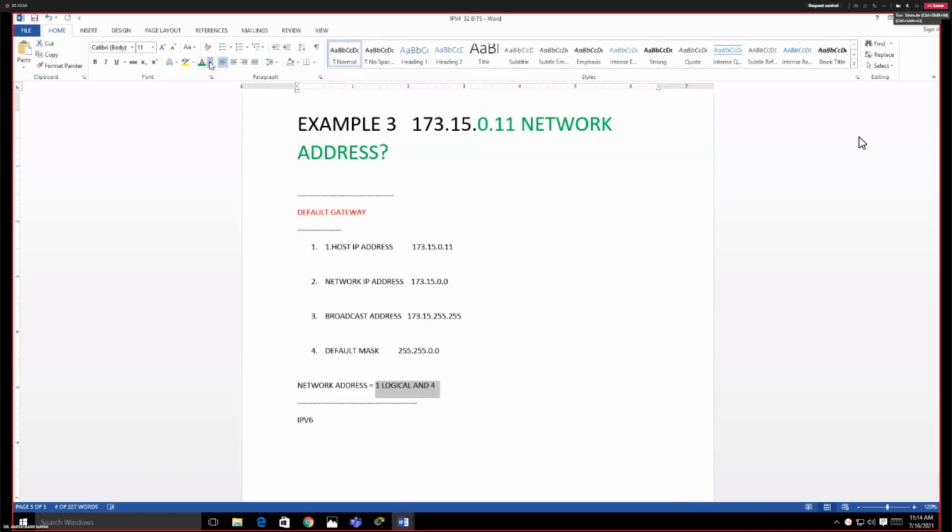Is this statement correct or incorrect? Correct. If I want to find the network address, I have to perform the logical AND operation between IP address number 1 and IP address number 4. So if 1 is logically ANDed with 4, then the result will be 173.15.0.0. Do you have any question or query up to this?